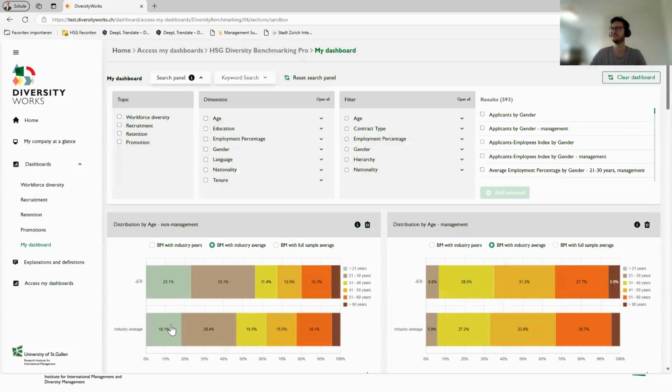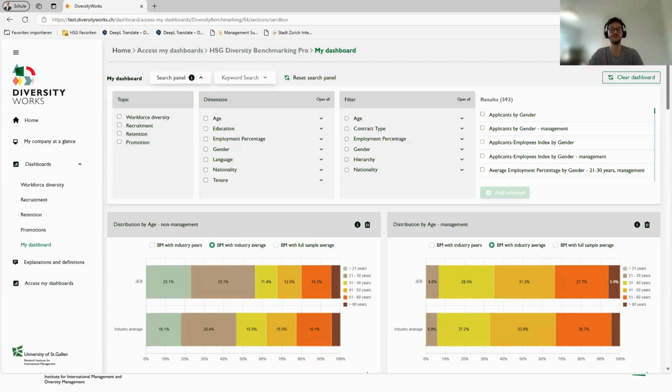I hope you can all see the screen now. So first of all, this is the dashboard that we provide for those who participate in the high-speed diversity benchmarking. And as Raphael explained, it does not necessarily need to be this kind of dashboard. Internal dashboards can also work to deep dive into a specific topic that you want to explore.